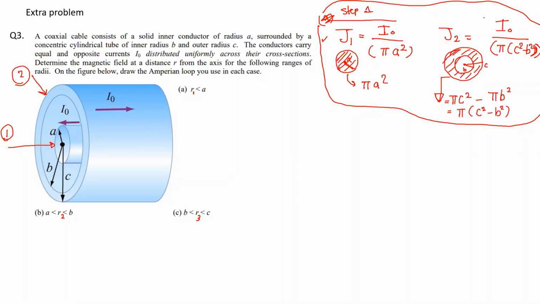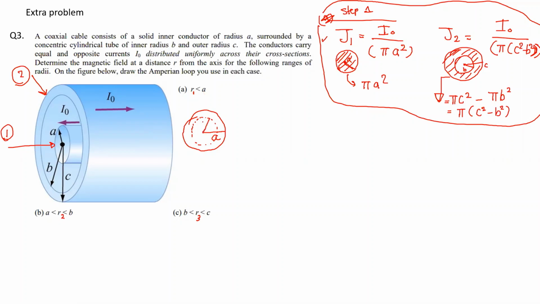So let's do part A together because we have done part A a few times now. So we are looking at, so this is my small circle, small conductor, radius A, and we are interested in a position like R1. R1 is anywhere which is smaller than A. So somewhere like this, right?